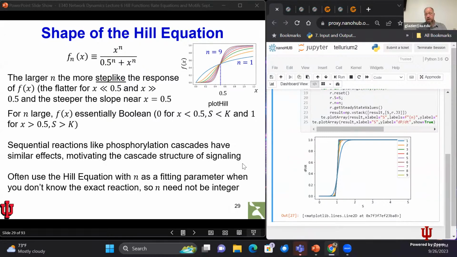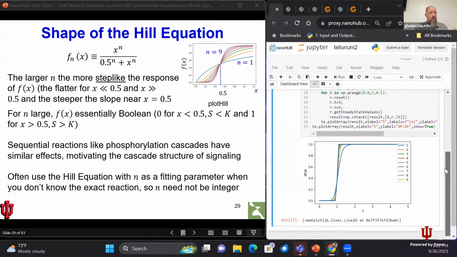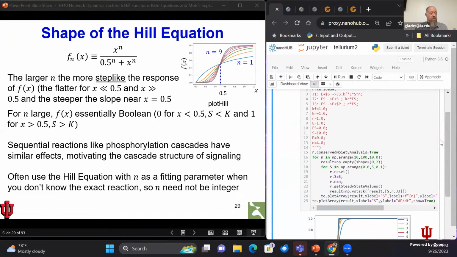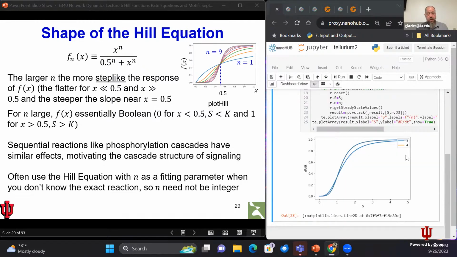In most practical simulations, we assume to start with that n is 4. An n of 4 gives us something that is clearly sigmoidal, but is not super steep. In general, we will just start with n equals 4 when we're using the Hill equation.